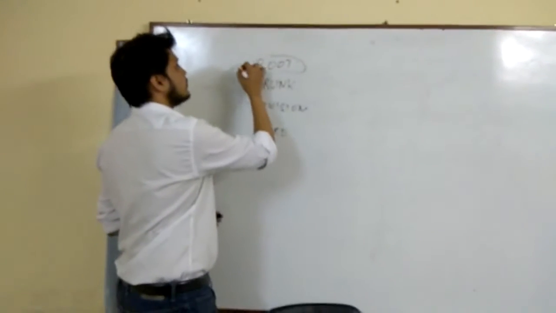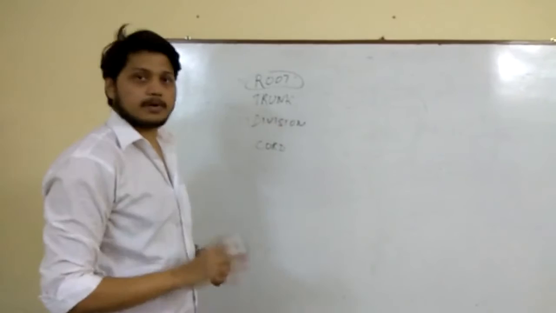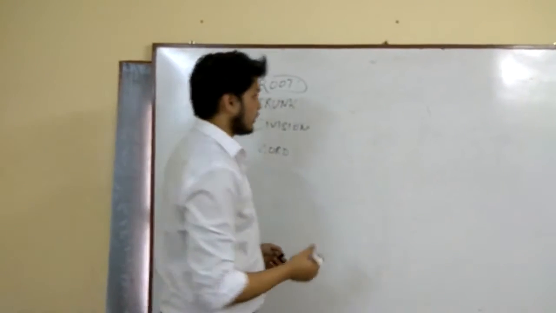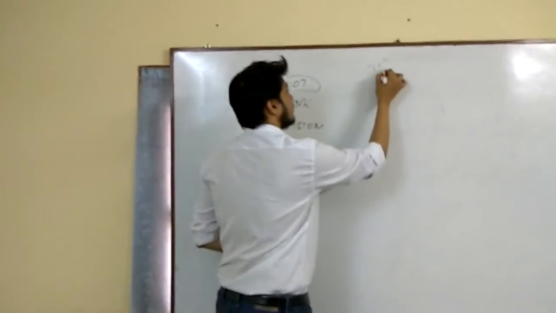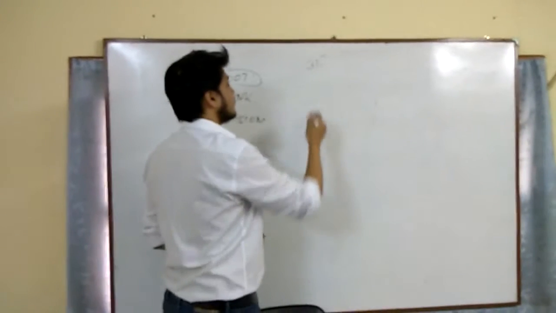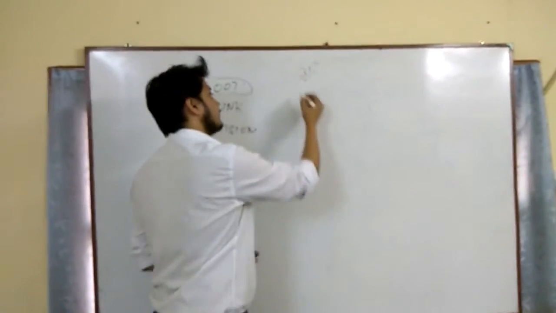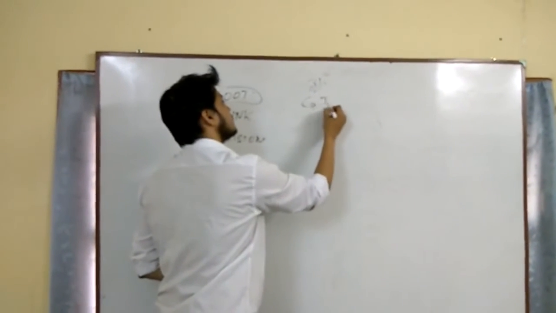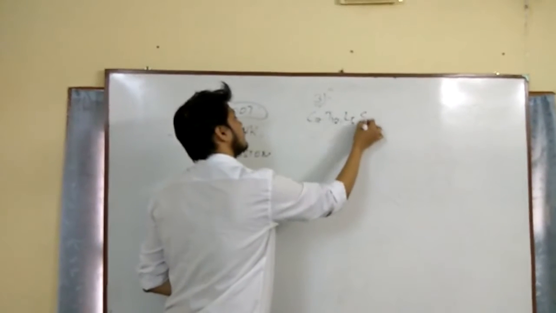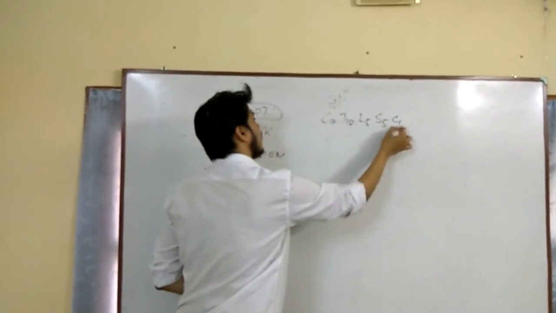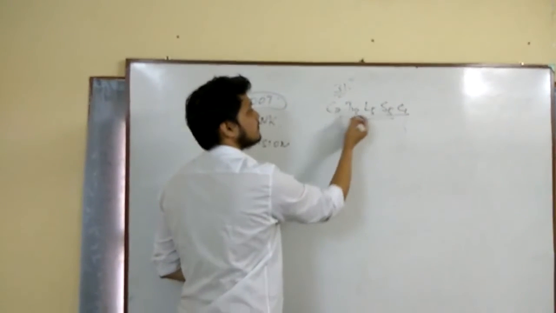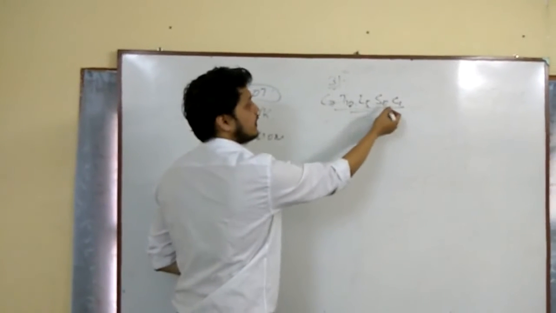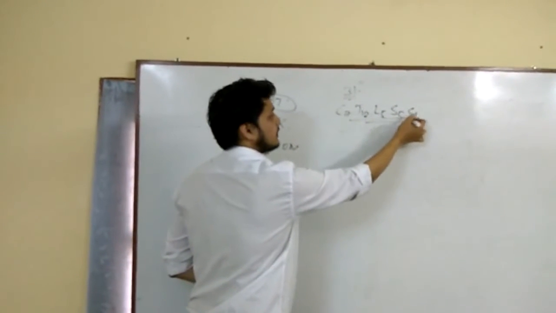Starting with the root. First, you have to know there are 31 pairs of spinal nerves in the human body. How to remember this? We have a formula: C7, T12, L5, S5 and C1. If we add it, 7 plus 12 is 19, 24, 29, 30 and then 31.